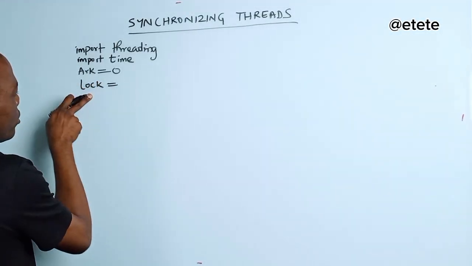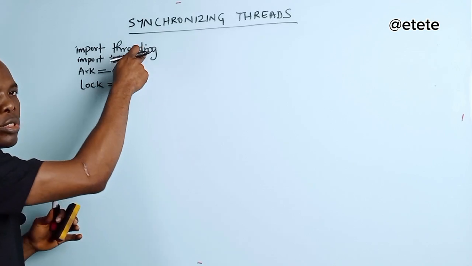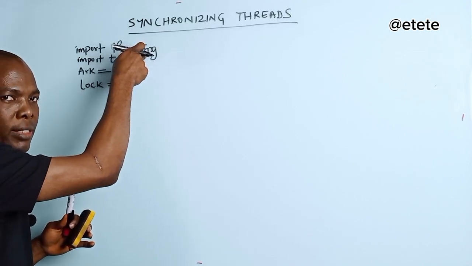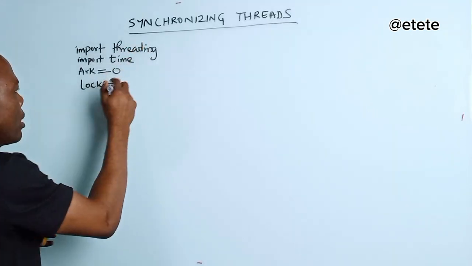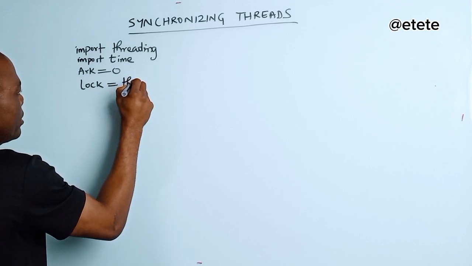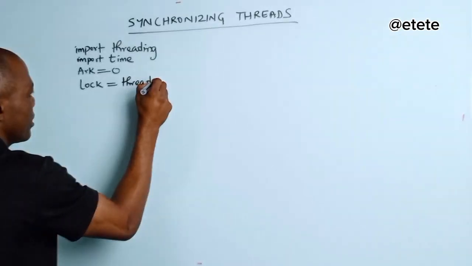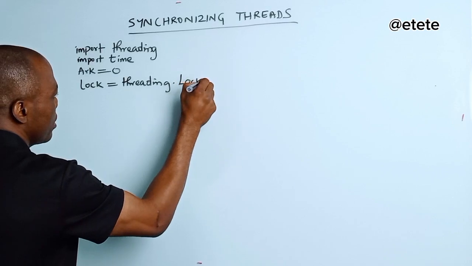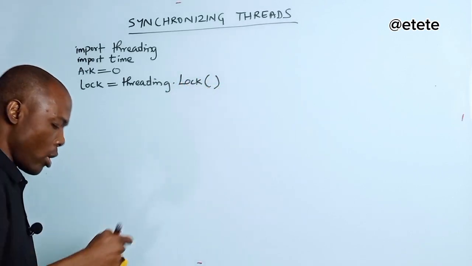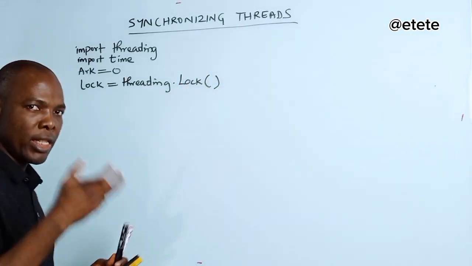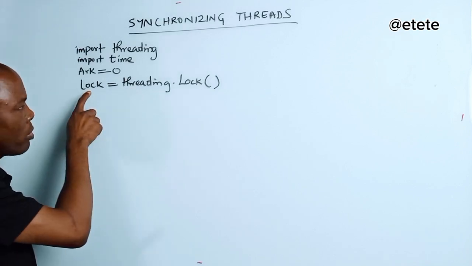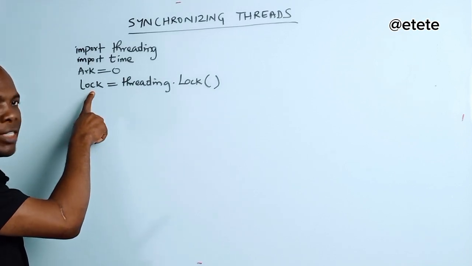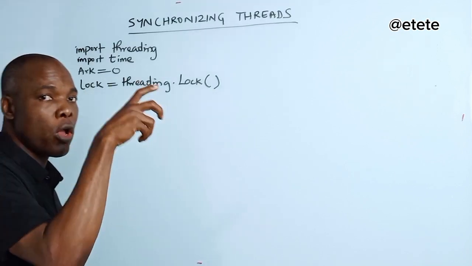Now to create this lock object, we are going to use a class inside this threading module. So we'll now say threading.Lock. So we are calling this constructor to create a lock object for us. And that lock object will be stored here. So this is a variable which is referencing the lock object.